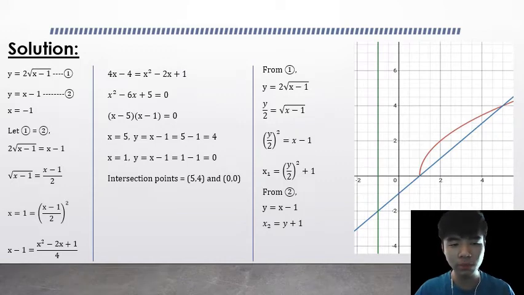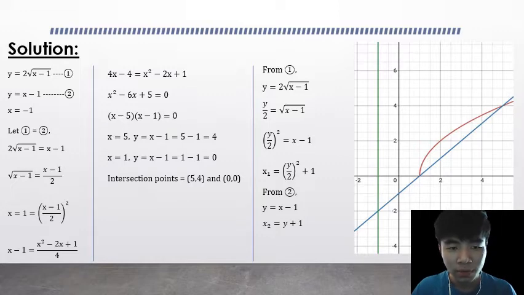The first is y equals 2 square root of x minus 1. The second is y equals x minus 1. Setting them equal, we square both sides: x minus 1 equals (x minus 1) over 2 to the power 2, and then x minus 1 equals x squared minus 2x plus 1 over 4.